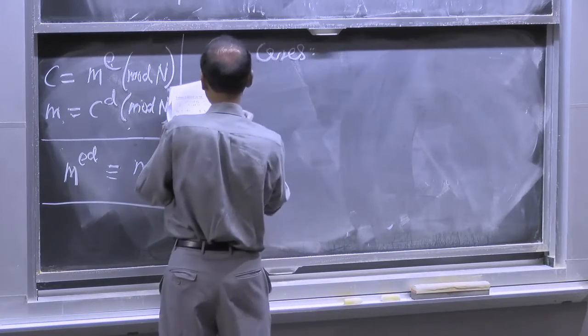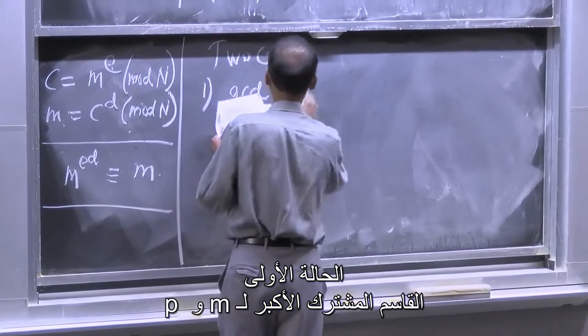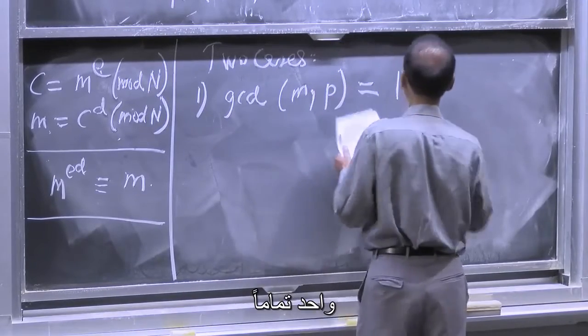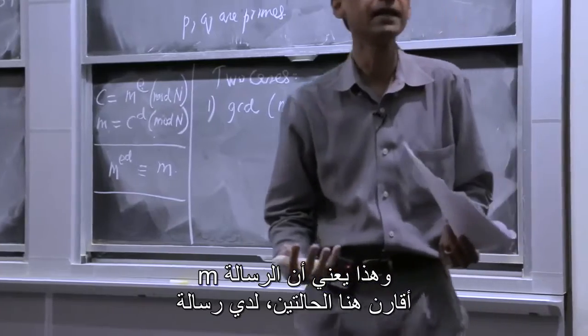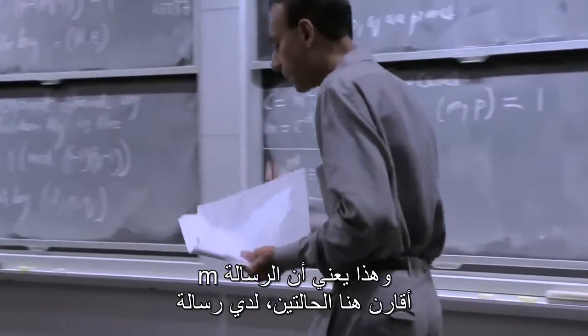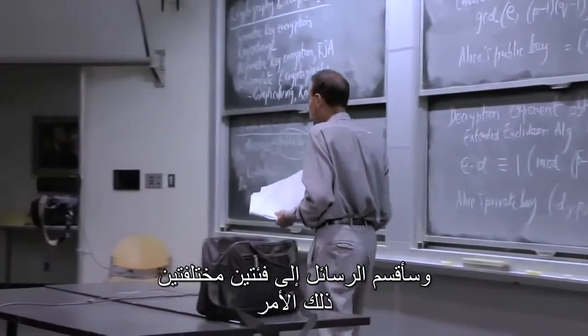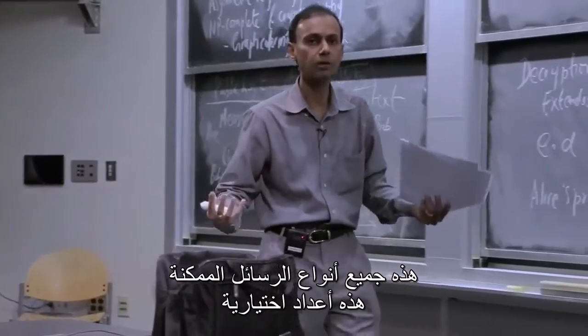The first case is that GCD of m comma p is exactly 1. What I'm doing here is breaking up the messages into two different categories. There are all kinds of messages possible, arbitrary numbers.